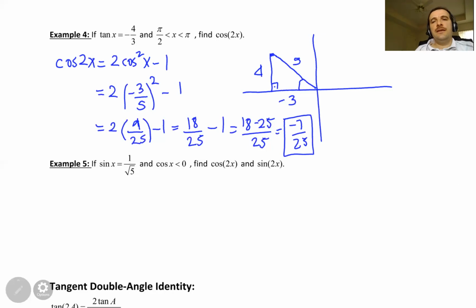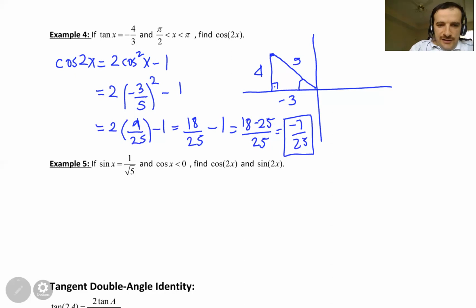Same trick as in the previous example: I use the double angle formula and I need to find cosine x. To do so, I draw the triangle, find cosine x, plug it in, and get the answer.